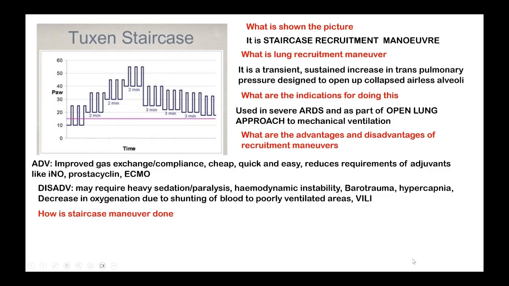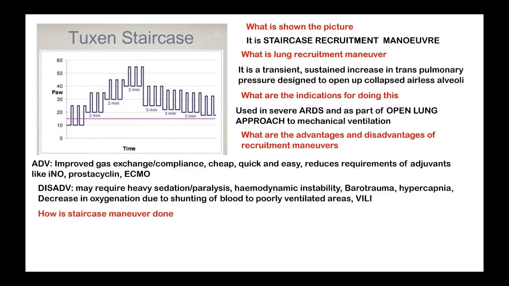How is the staircase maneuver done practically in the ventilator? Or how do you do the recruitment maneuver? What are all the steps? Supposing you find there is a collapse or atelectasis in the X-ray, and your assistant asks you to do the recruitment maneuver in the ventilator.